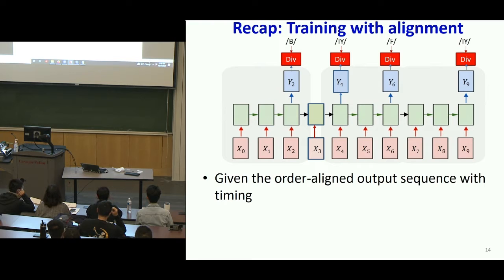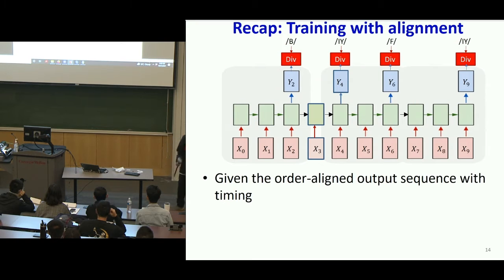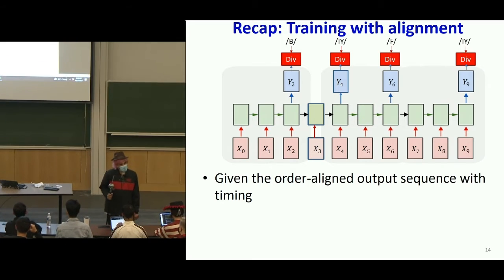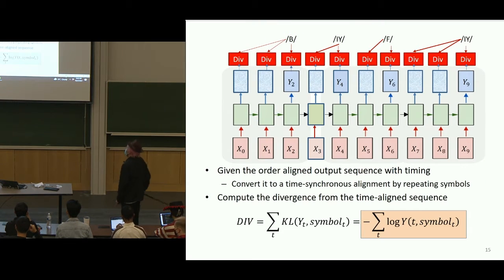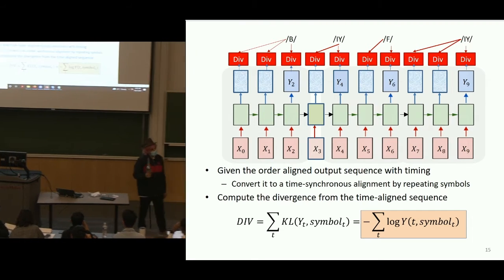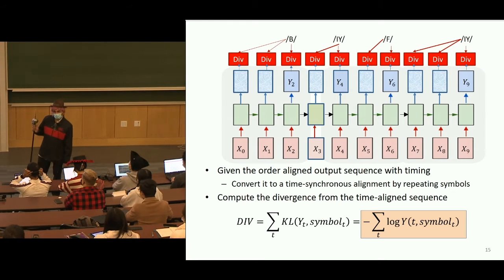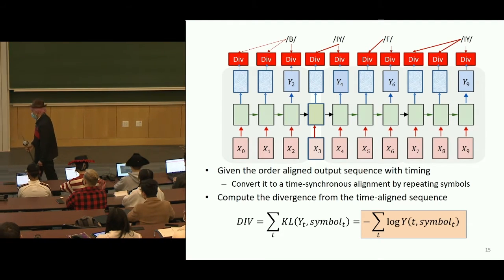The first thing you would do was convert this order synchronous output to a time synchronous output by repeating symbols. Now we have a time synchronous output. We could define a divergence function, which was the sum of the divergences at the individual times.